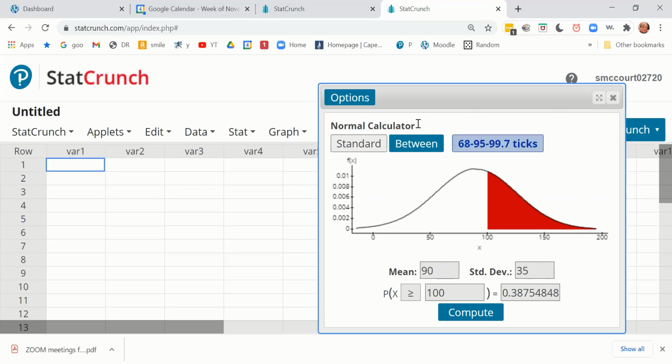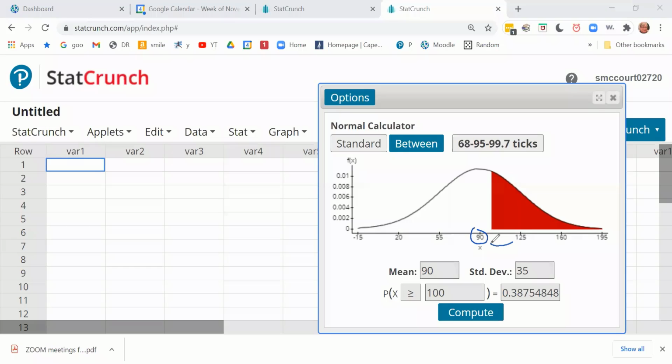I wanted to show you this button here that has the different colored ticks. If you click on that, it puts the mean marked in the center, which is kind of nice. So notice now that the mean is actually marked right here at 90.